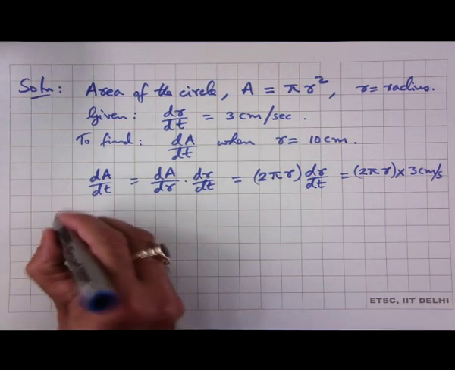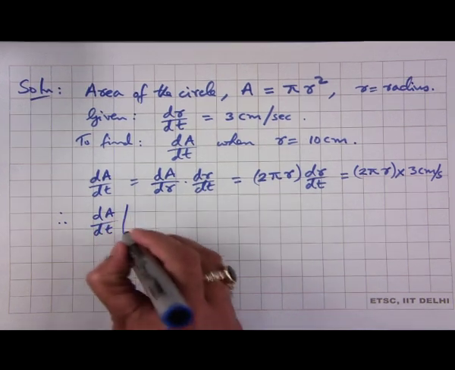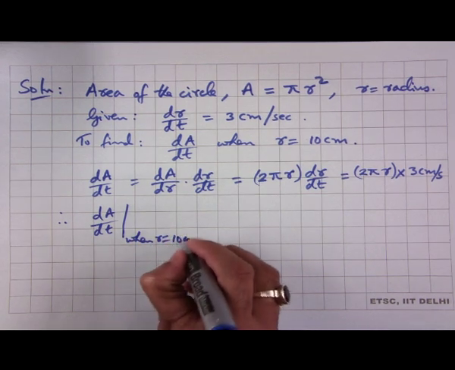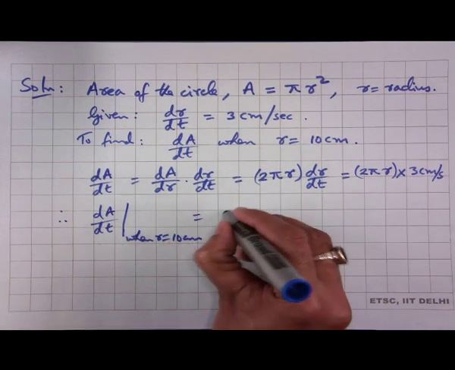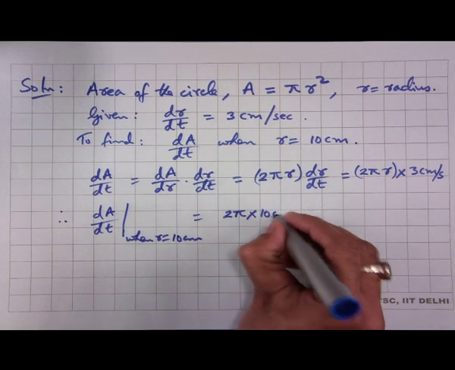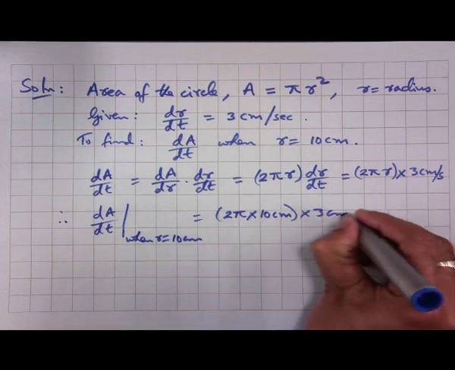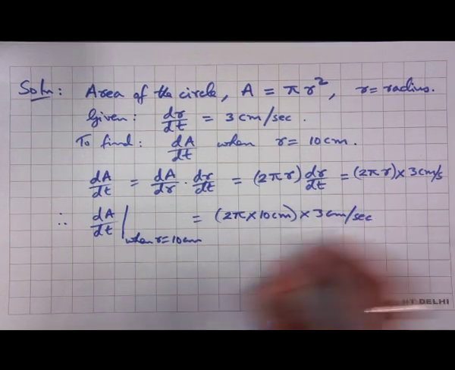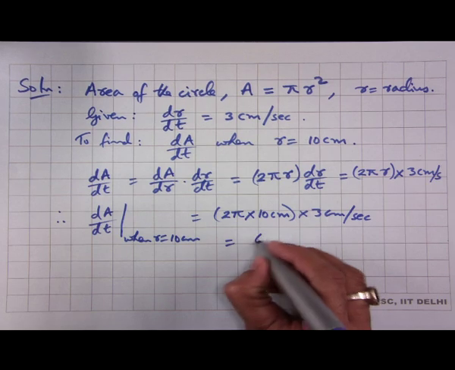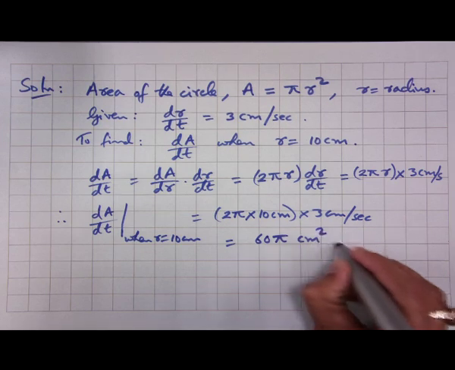So, dA/dt when r is 10 centimeter is 2 pi into 10 centimeter times 3 centimeter per second, which gives 2 times 10 times 3 is 60 pi centimeter squared per second.